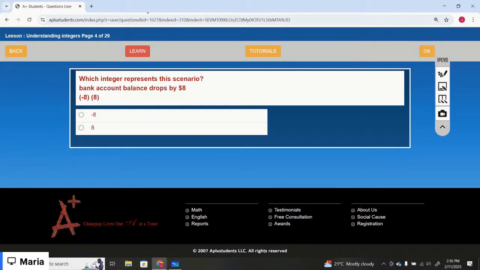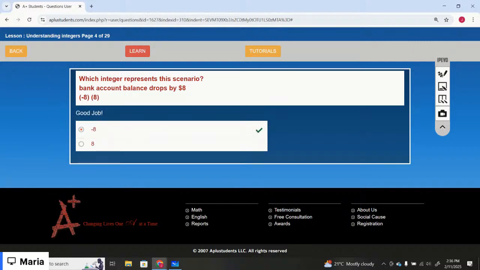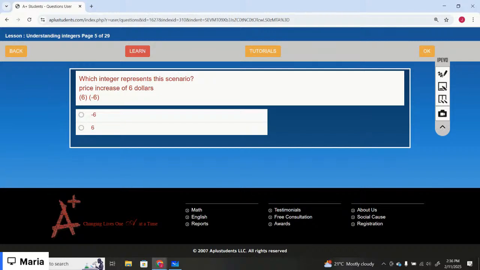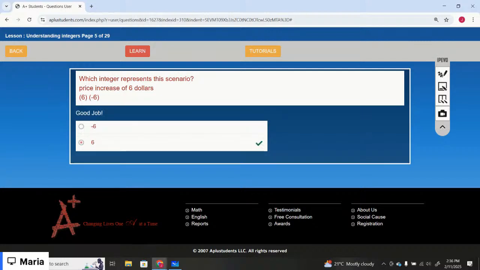Then account balance drops by 8. So that is a drop. That means that would be the negative integer. The correct option is negative 8. Which integer represents the scenario? Price increase of $6. So that is an increase. So the correct option is option 2.